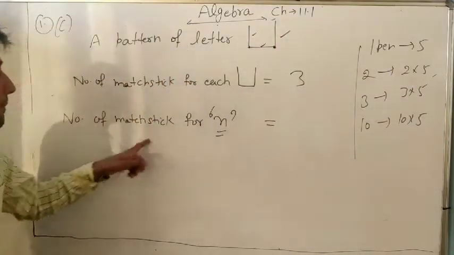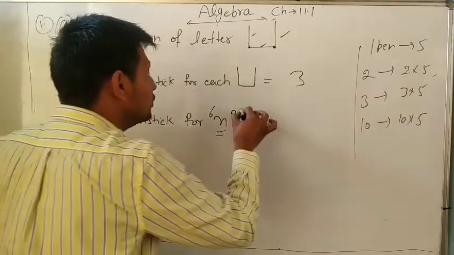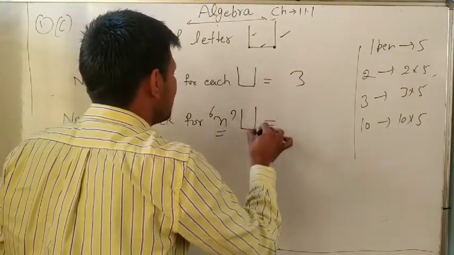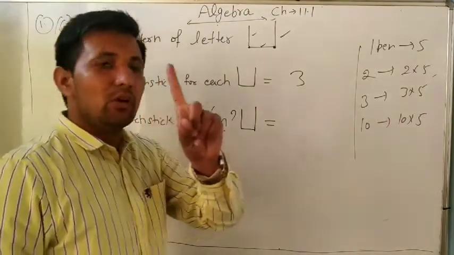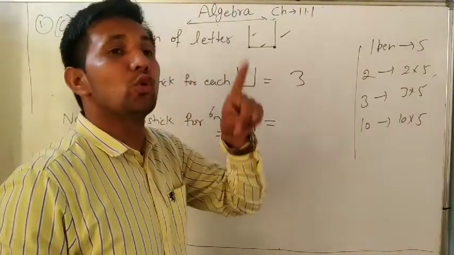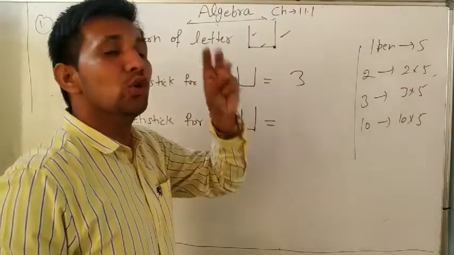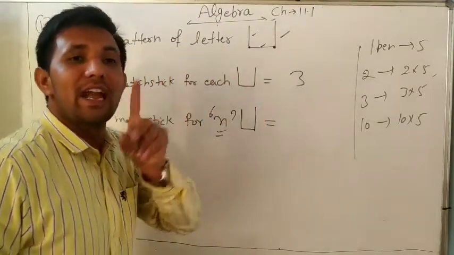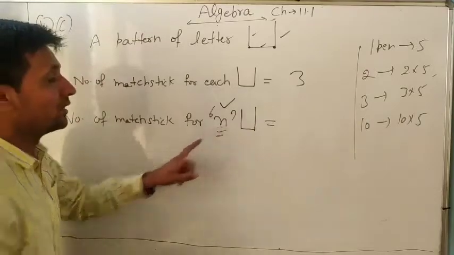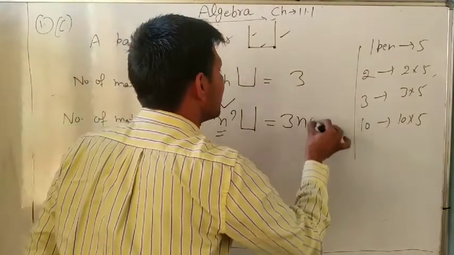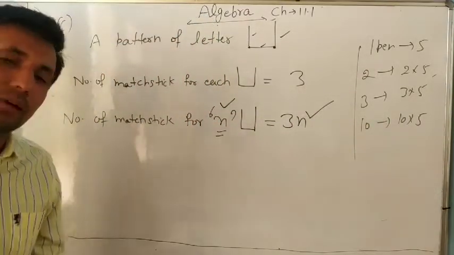And how many matchsticks for n U's? For 1 U, 3. For 2 U, 2 into 3. For 3 U, 3 into 3. For 10 U, 3 into 10. Same as it is. For n, 3 into n. It is your answer. Understand?